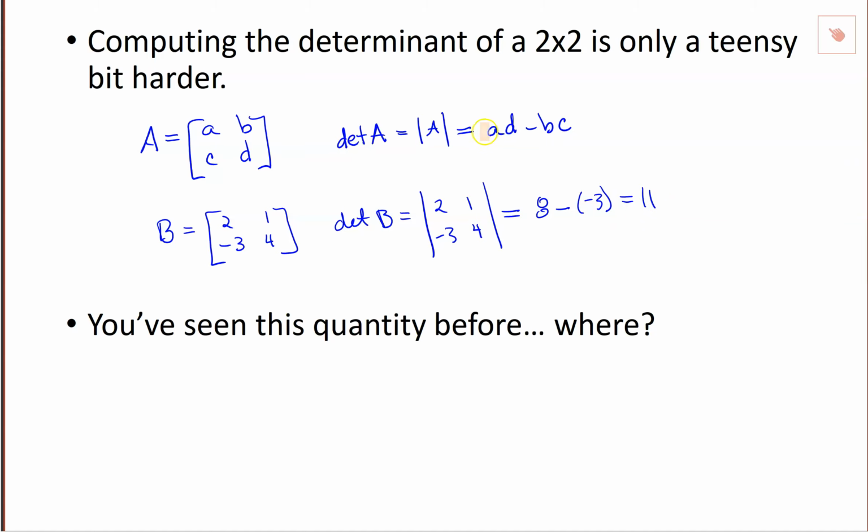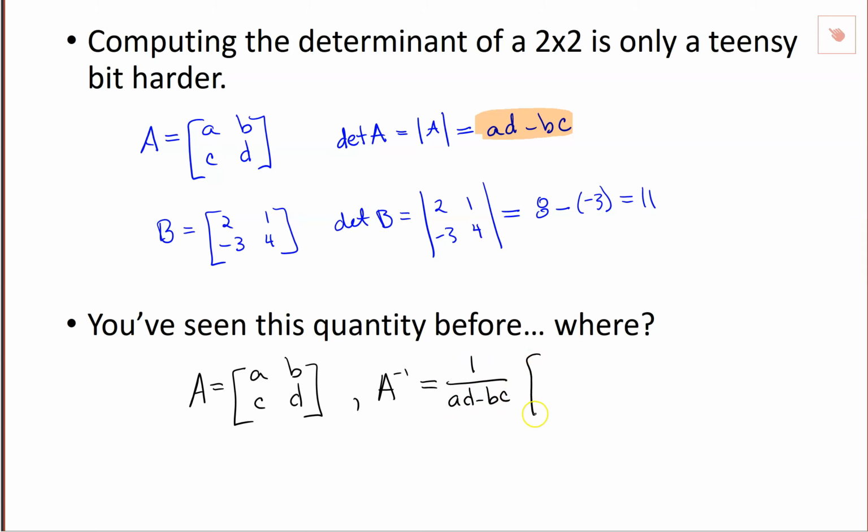Now this value is something that you've seen before. It appears in the computation of the inverse of a 2 by 2 matrix. So if we have our matrix A equal to A, B, C, D, then A inverse, right, we had this formula for that. It was 1 over AD minus BC, and then we remember we swap the diagonal entries and negate the off-diagonal entries.